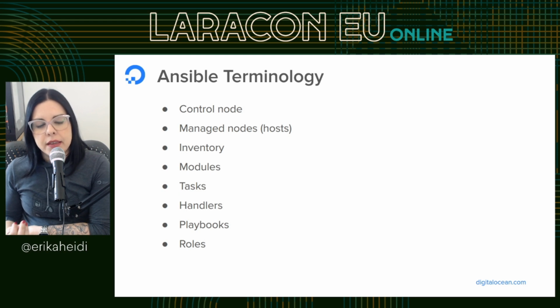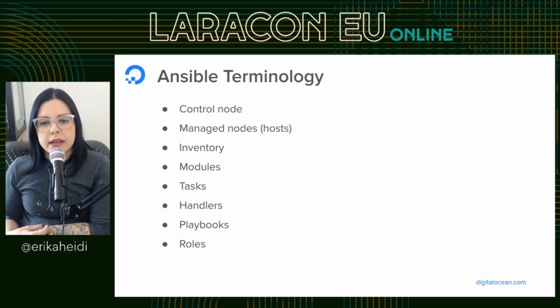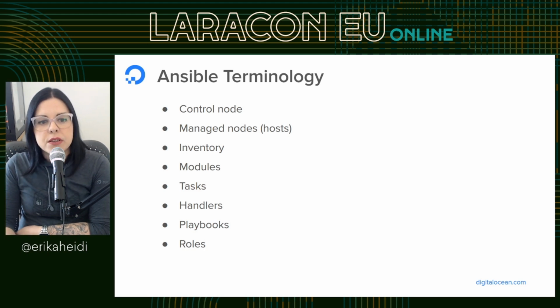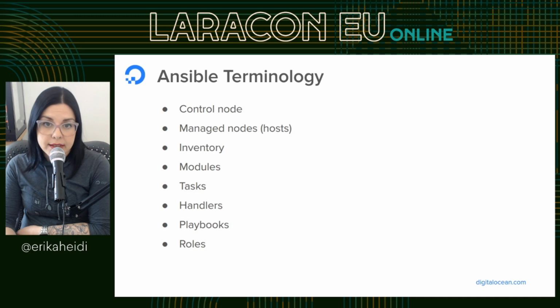Let's say you have a module for installing packages, you have a module for using the template system, you have a module for running Composer, like I mentioned before. You can also create your own modules. A task is a minimal unit of action that you're going to execute on a remote server.